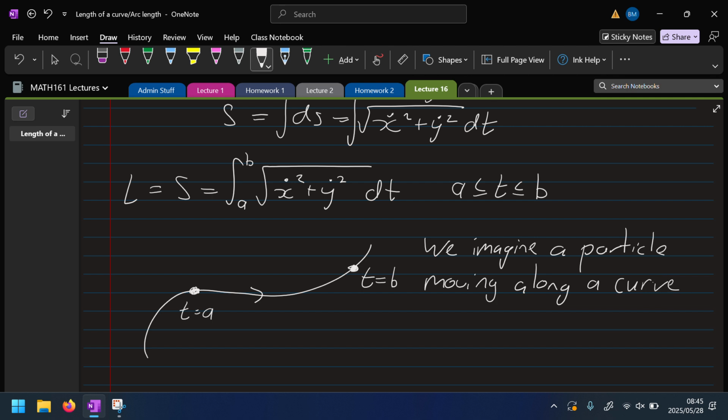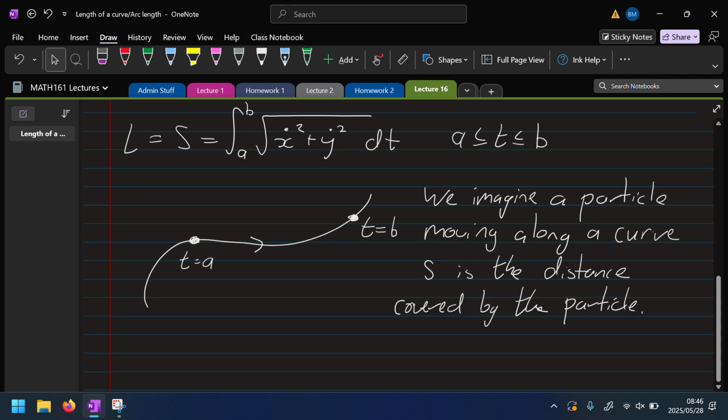So this S is the distance covered by the particle in that delta t time. You might see questions like this: you've got a particle moving along some curve, what is the distance covered by the particle? That's like the physics view of this length of a curve.